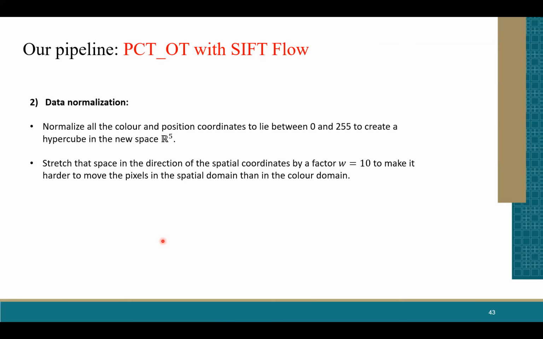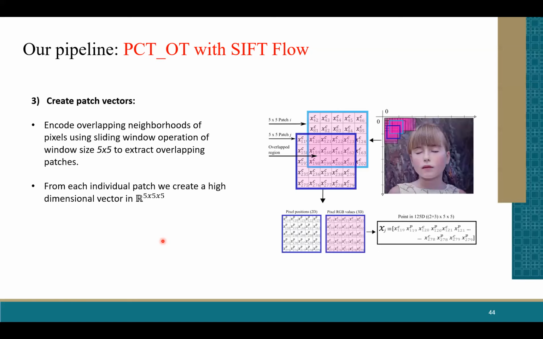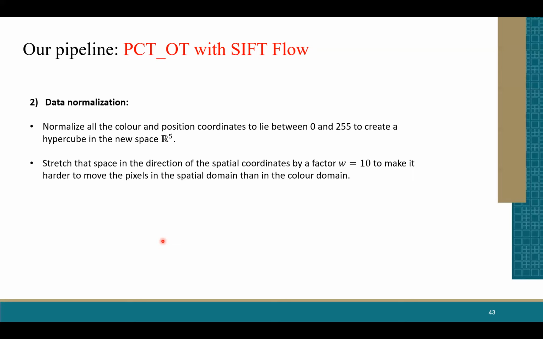And we stretch the space in the direction of the spatial coordinate by a factor of 10 to make the pixel's position influence the computed mapping more than the color. So it is like forcing the algorithm to match colors with the same pixel positions.